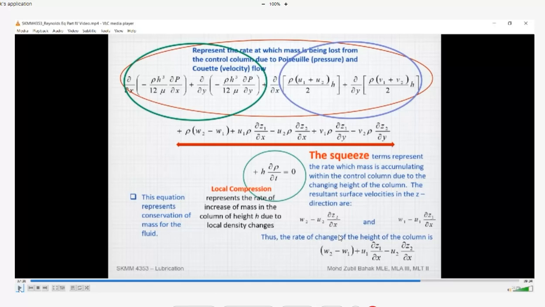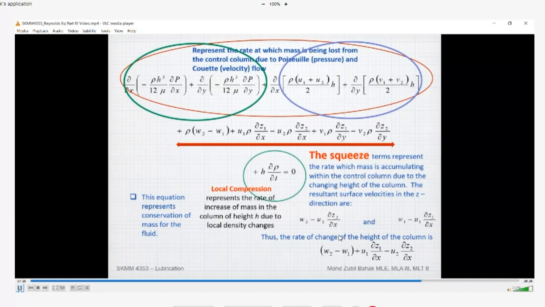If you still remember, in Fluid 1 you learned about the Reynolds transport theorem and also the control volume. So we apply it here now in practice, in a real problem related to bearings.